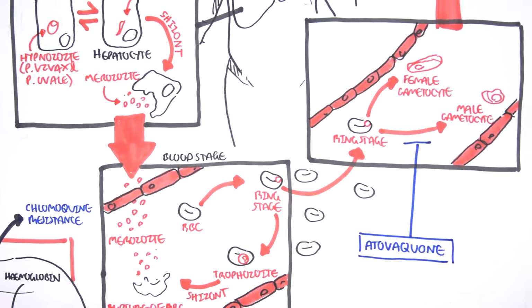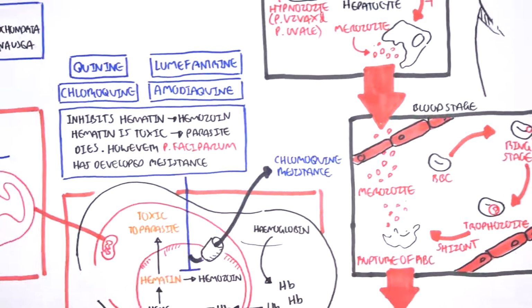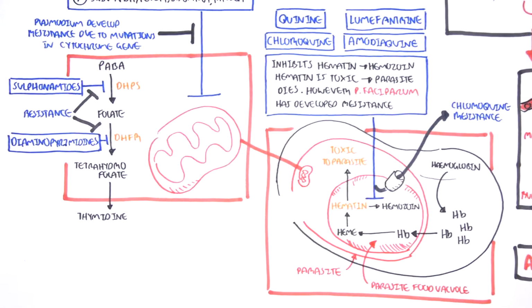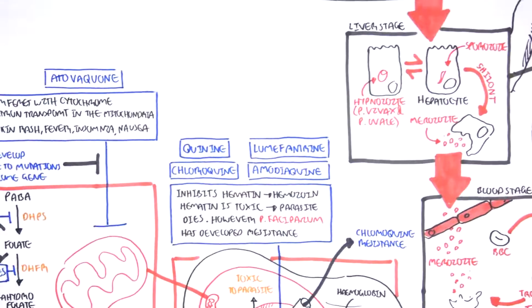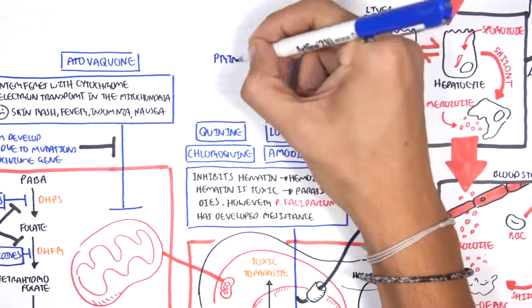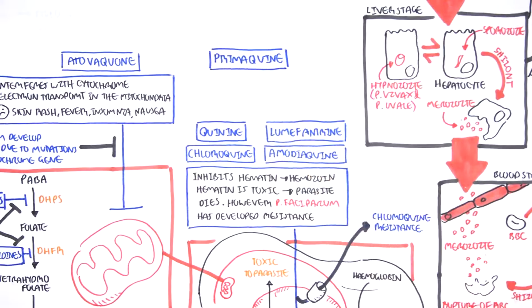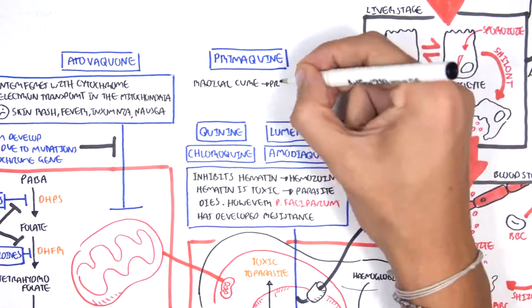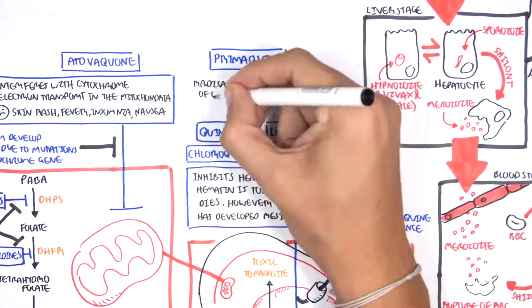There is another drug that targets the parasitic liver stage. This drug is called primaquine. Now, primaquine is a radical cure, and it prevents the relapse of latent liver hypnozoites.